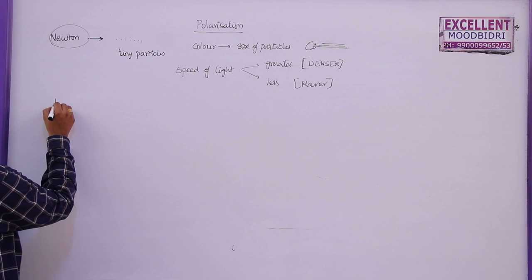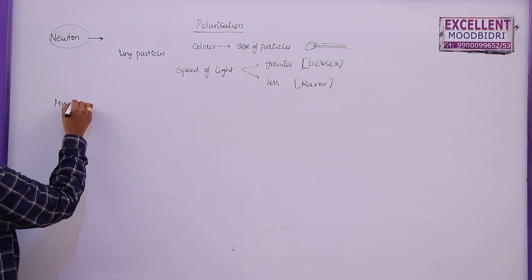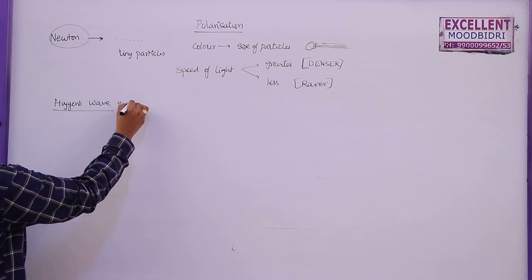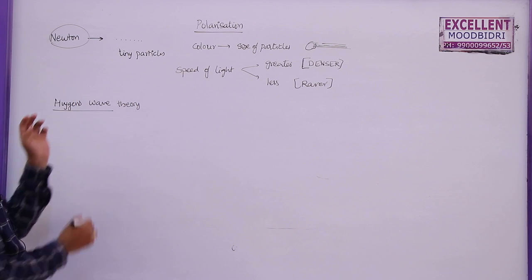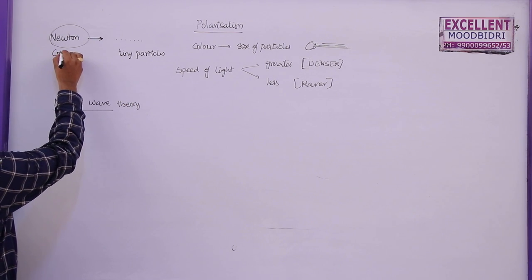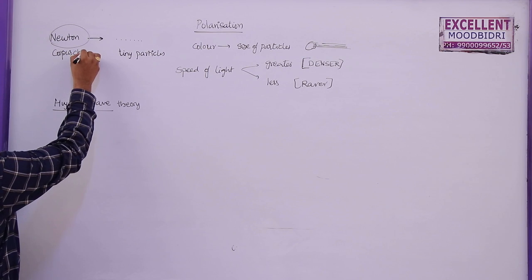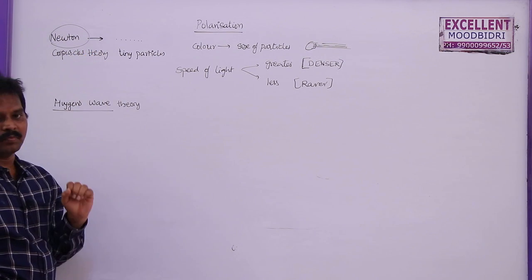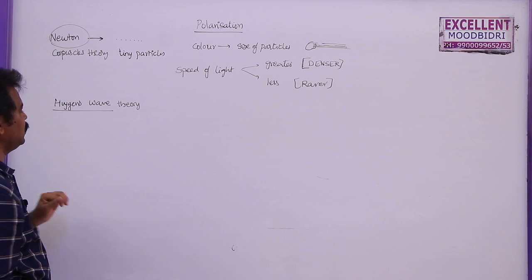Now after this, according to Huygens wave theory of light. This is Newton's corpuscular theory, because he named these particles corpuscles.